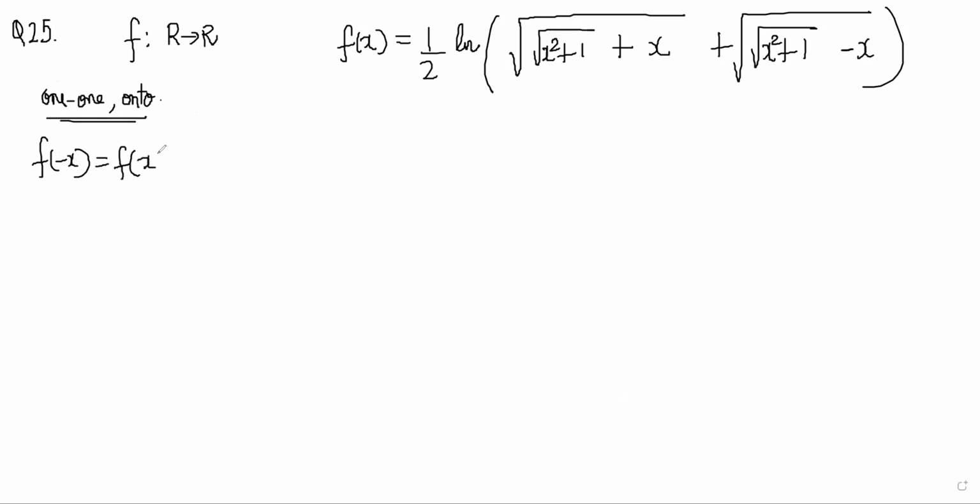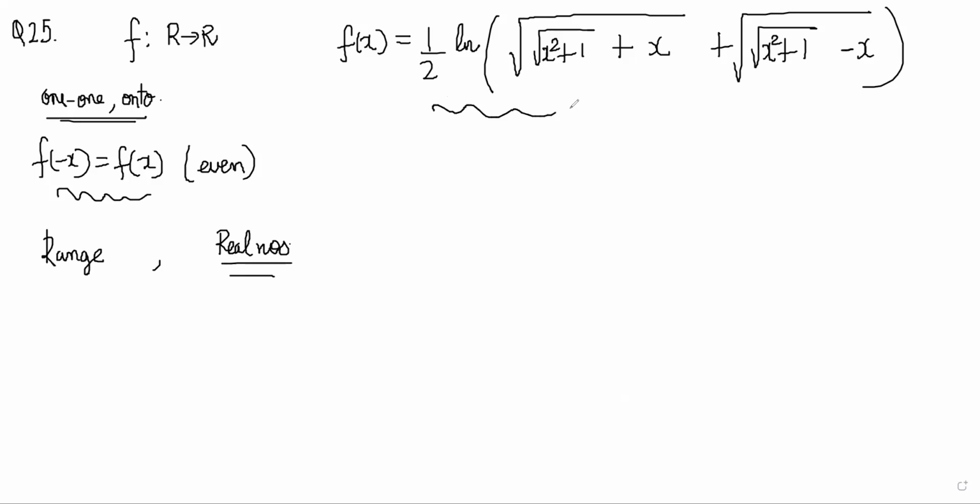One side will come minus x, other side minus x. So it is an even function. So it cannot be 1-1, obviously. Then that is decided. So now you have to decide on onto. Onto means you have to check range. Codomain is real numbers. You have to check whether range is real numbers also.